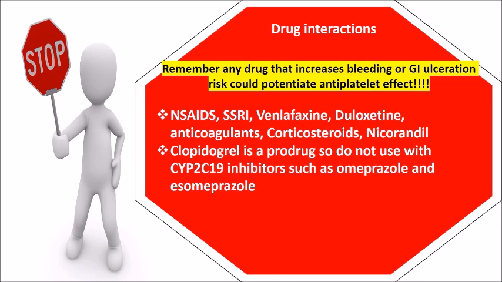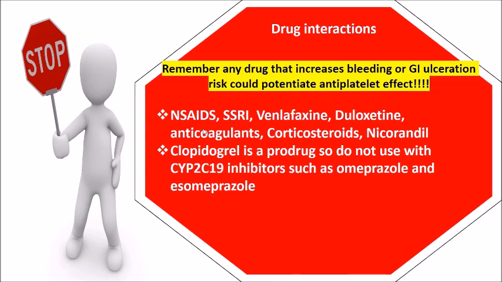When it comes to drug interaction, it's simple. Remember, if a drug causes or interferes with the anticoagulation or the thrombus formation, it runs the risk of prolonging the bleeding time. So, obviously, NSAIDs like ibuprofen, ketoprofen, diclofenac, all of them increase the bleeding time. Selective serotonin reuptake inhibitors, also venlafaxine and duloxetine, which are serotonin norepinephrine reuptake inhibitors.